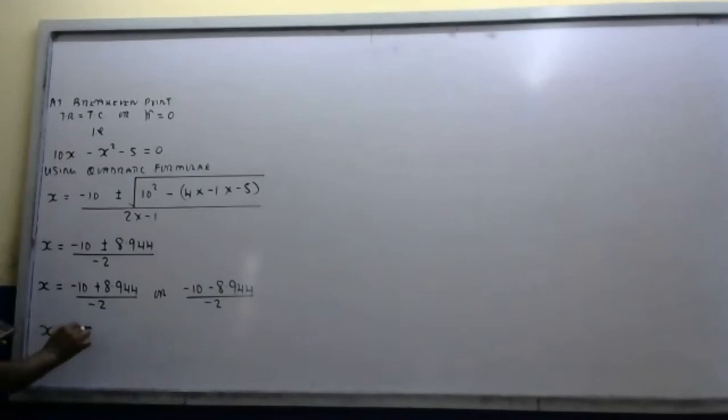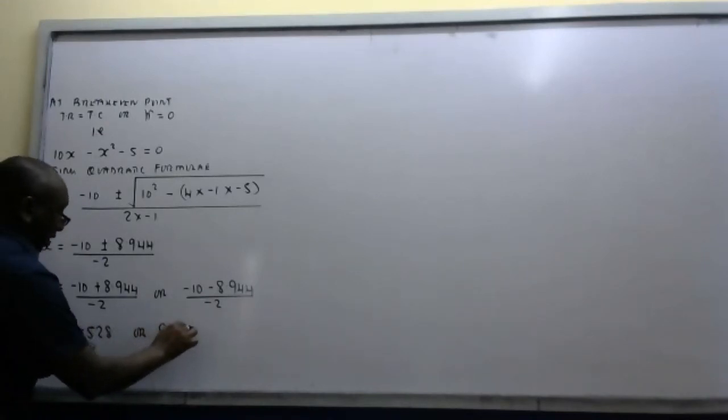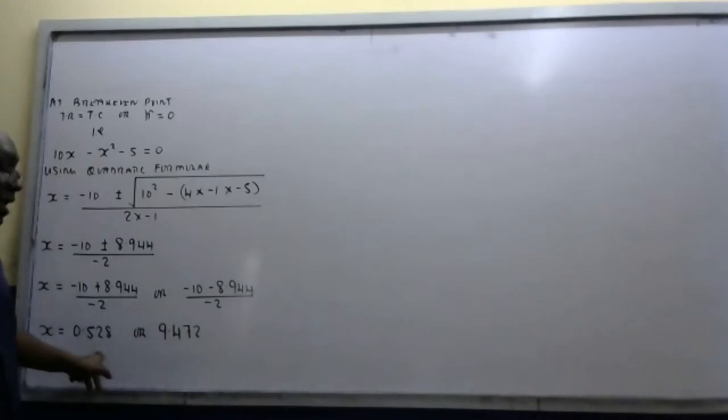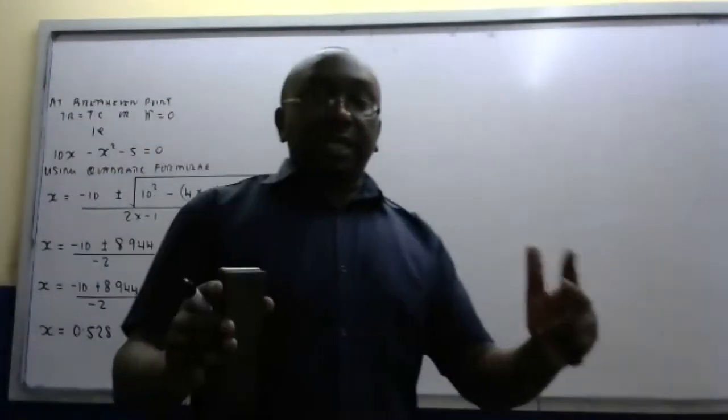I'm getting 0.528, or 9.472. So these are the ones that we call the interval. It is what we had called first break-even point and second break-even point.